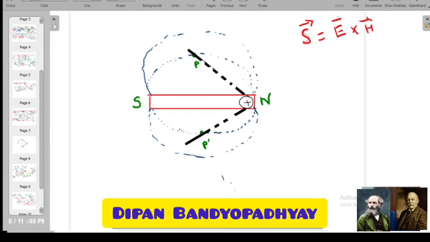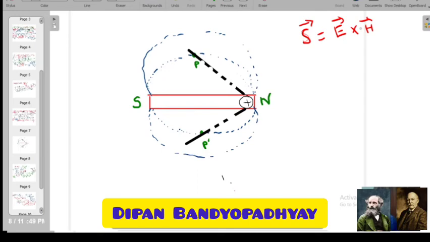And this is valid for a closed surface. This is not a point relationship. Not necessarily it is a point relationship. That means at every point on the closed surface, the use of this E cross H is basically arbitrary.